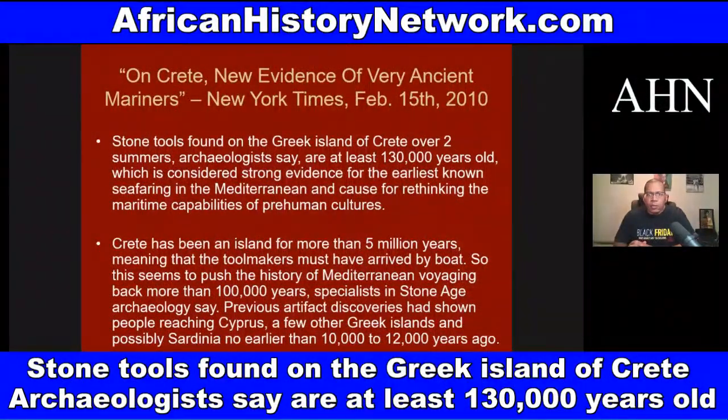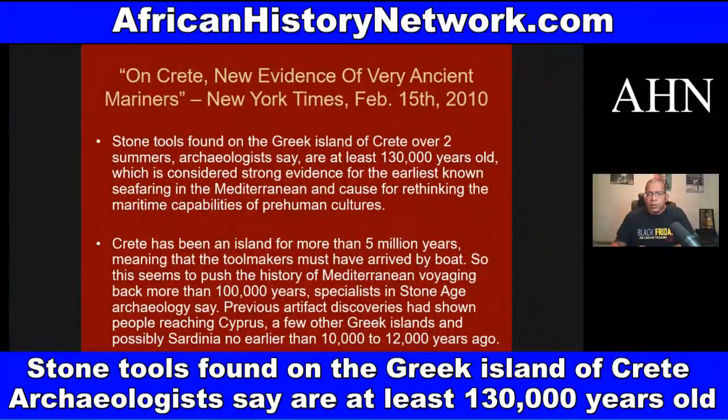On Crete, new evidence of very ancient mariners. This article came out February 15th, 2010, in the New York Times science section.